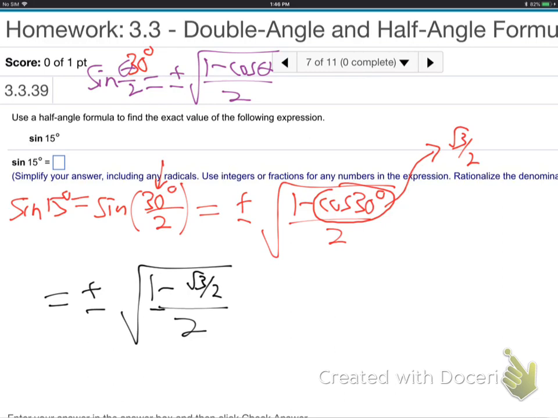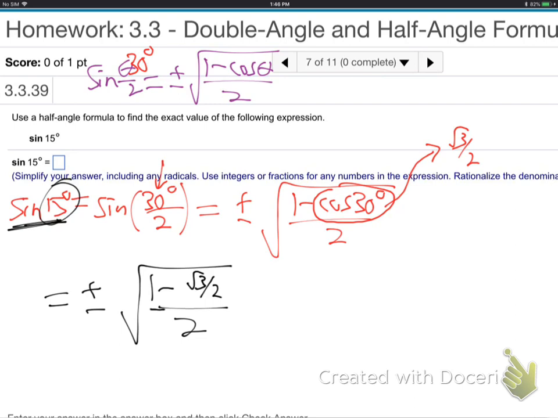We got to simplify that now. Hey, what's with the plus or minus thing? Which one is it? They're giving us two options, plus or minus. What's the angle? All this stuff is what sine of 15 equals, right? That's what we started with. Sine of 15 equals this, equals that, equals the other thing.